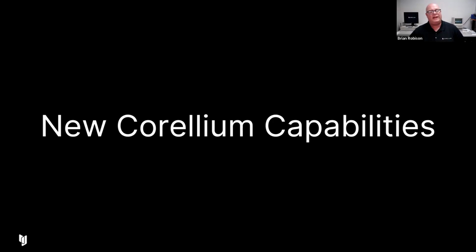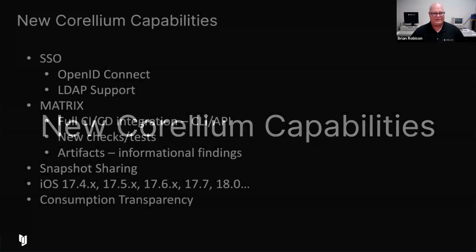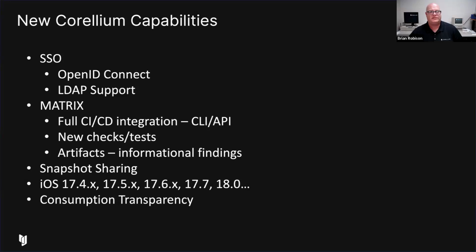So I do want to highlight a few cool capabilities that we have worked on and have been expanding throughout the year. And I think you're going to like a lot of these. So for the enterprise deployments, we have added SSO earlier this year through the OpenID Connect capabilities, where it can connect you to Azure AD or through Ping or other different service providers.